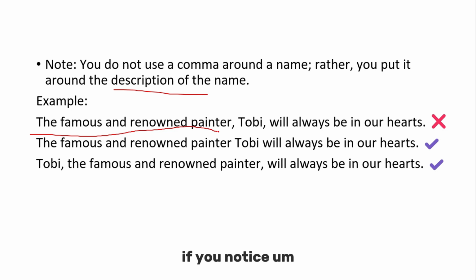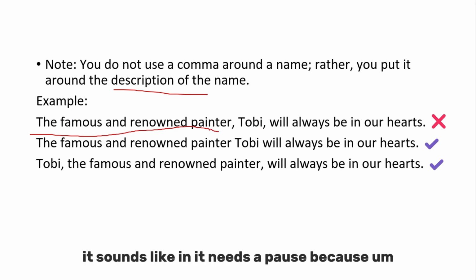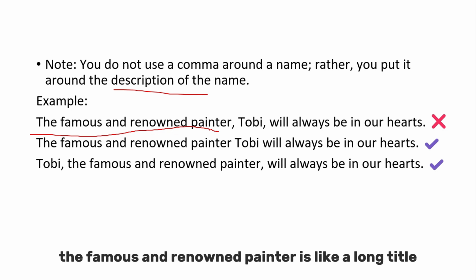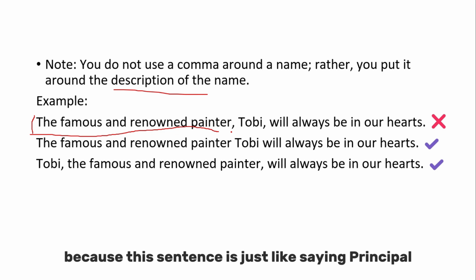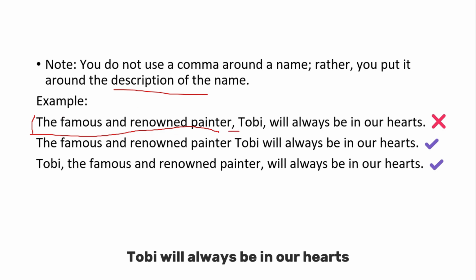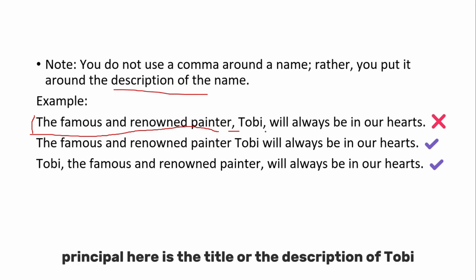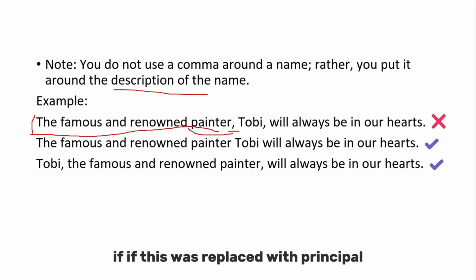If you notice, when you read the sentence, it sounds like it needs a pause because the famous and renowned painter is like a long title, a long description. So it sounds like it needs a pause, but in reality, according to the rules, we don't need a pause because this sentence is just like saying Principal Toby will always be in our heart. Principal here is the title or the description of Toby.